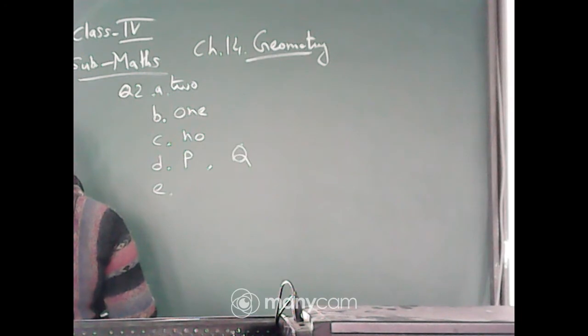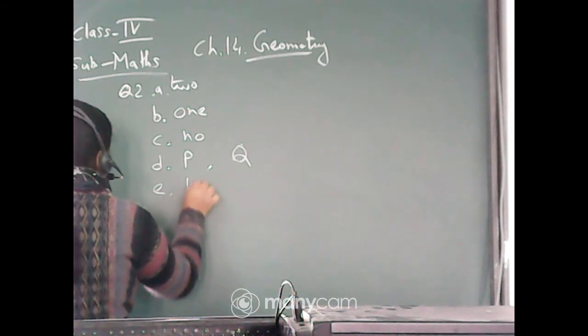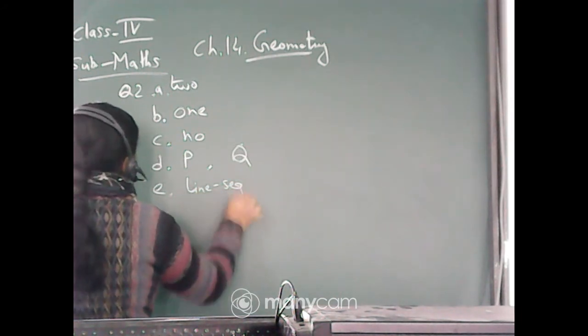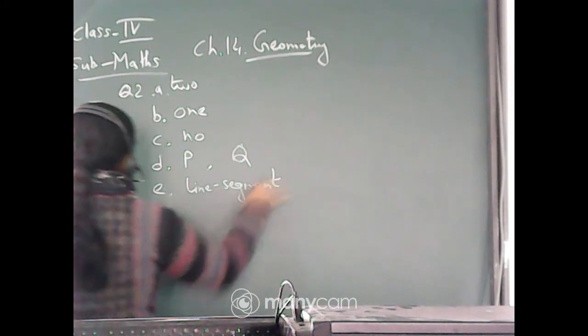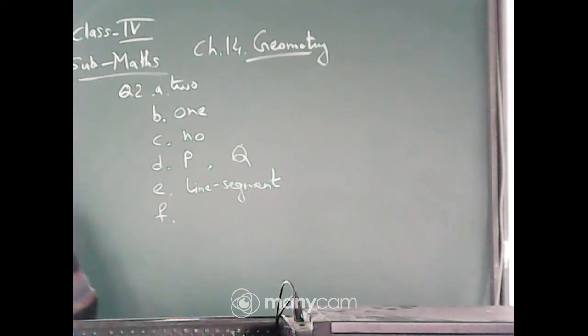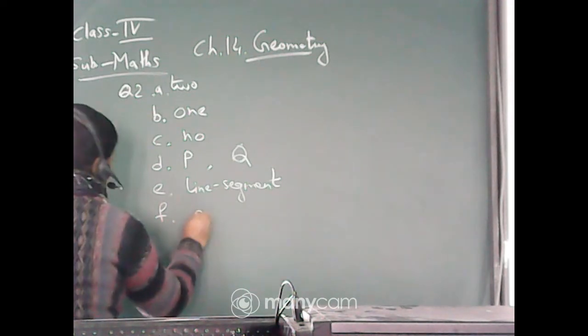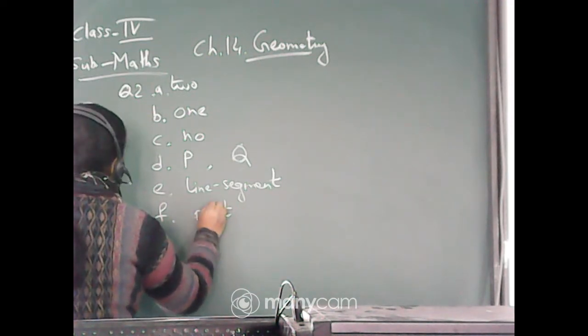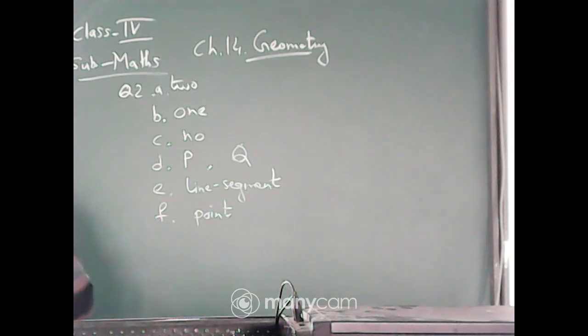A dash has a definite length. A line segment has a definite length. Okay. And number F, a dash has no length, breadth or thickness. It is the point. A point has no length, no breadth and no thickness.